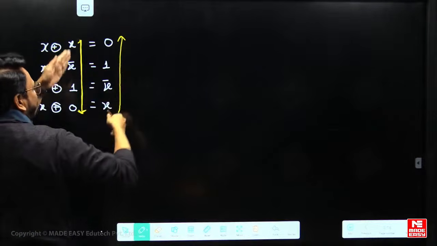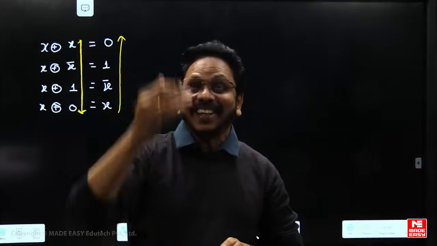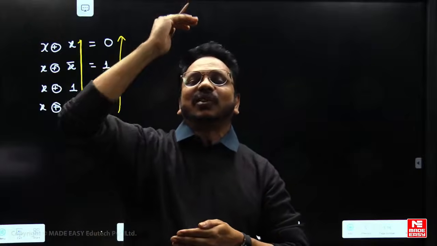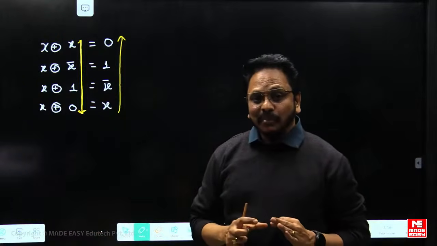That means the order is X bar 1 0 shift, and again X bar 1 0 shift. Simply you can remember it in this manner.